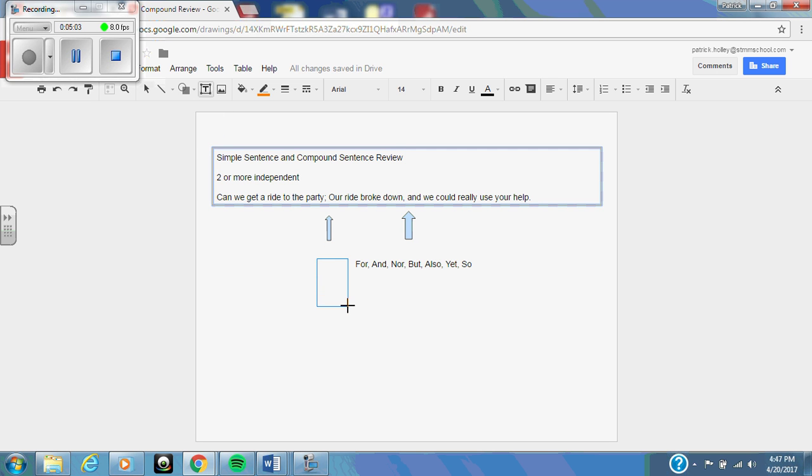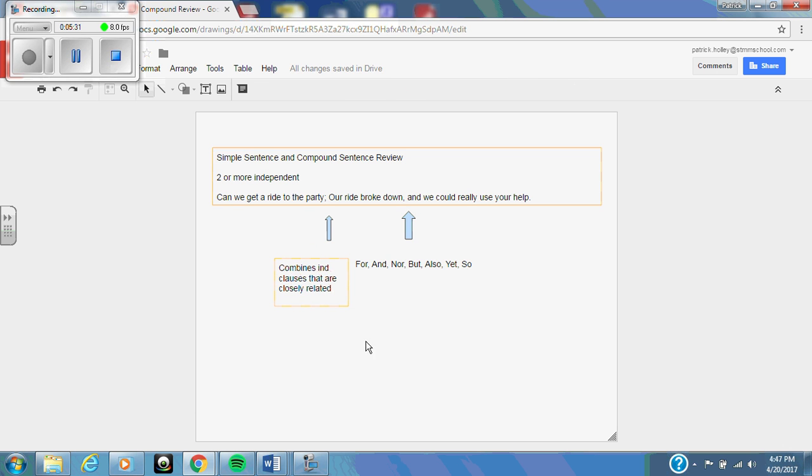A semicolon generally combines independent clauses that are closely related. Note that you do not need a conjunction when you're using a semicolon. So that is the second most common way that we can combine independent clauses.